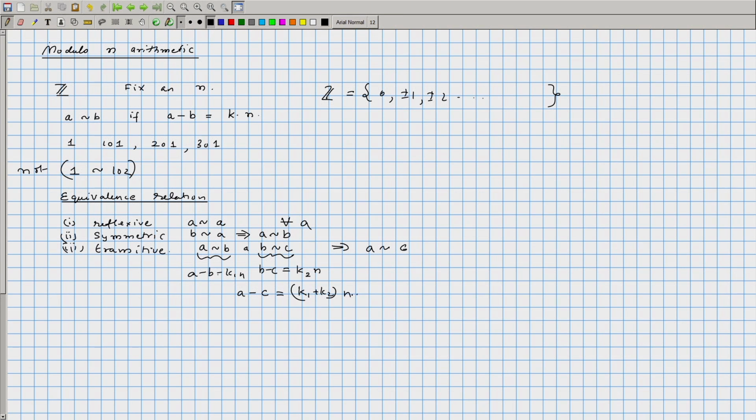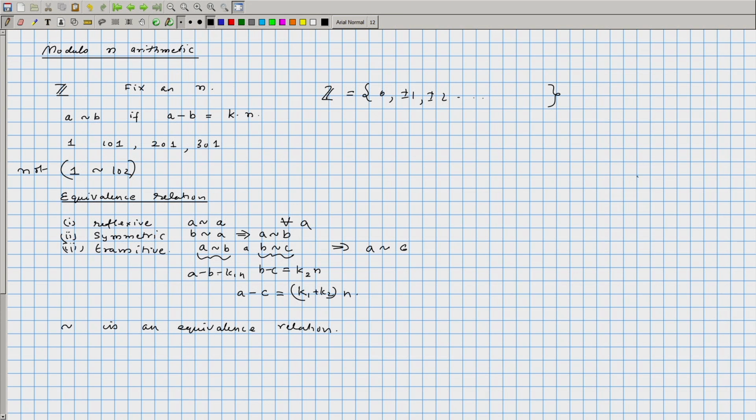Okay. So, we have not really talked about modulo n arithmetic yet. If we look at this relation tilde, that is going to be an equivalence relation. And one thing that we know about an equivalence relation is that it splits up the underlying set into different partitions.